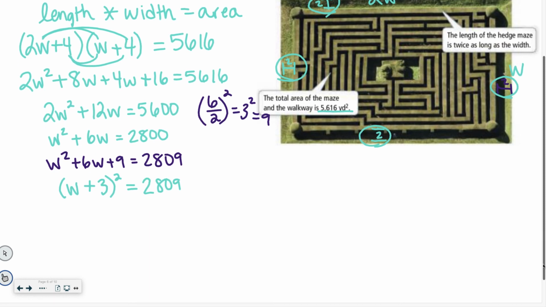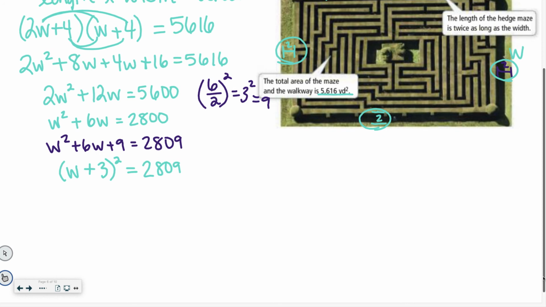So to undo that square, I'm going to do the square root of both sides. So on the left, I'm left with w plus 3 equals plus or minus the square root of 2809. And if I plug 2809 into a square root, I see that that equals 53.